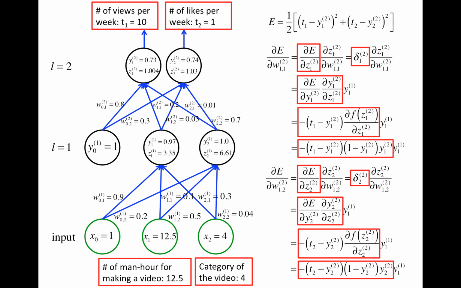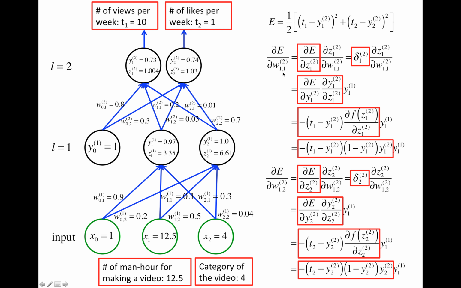If we still use the same input values, x1 equals 12.5, x2 equals 4, and we still assume the random starting values for all the weights, then we can explicitly compute this derivative. For this particular input, 12.5 and 4, this derivative has a value of about minus 1.77.